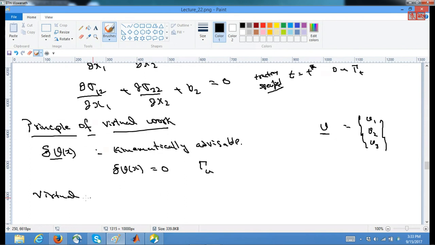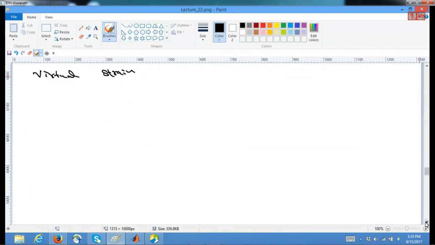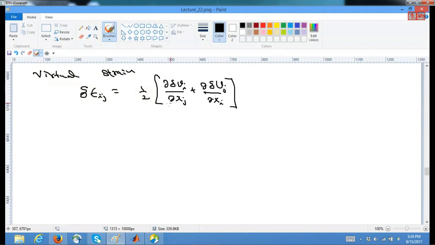Okay, so this is the kinematically admissible thing, and in that case our virtual strain would look something like this. That is our virtual strain. Then we define the principle of virtual work as the internal work done, or the internal energy stored by the structure on application of this virtual displacement, equal to the external work done by the virtual displacement.